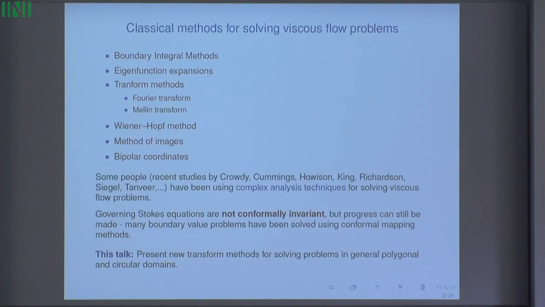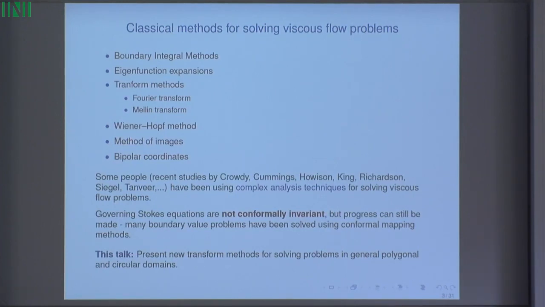For example, if we have parallel boundaries, then we can use eigenfunction expansions. Transform methods, such as the Fourier transform, for example if we are interested in solving problems in a channel. Mellin transform in corner geometries. Wiener-Hopf method if we have mixed boundary conditions. Method of images, also bipolar coordinates.